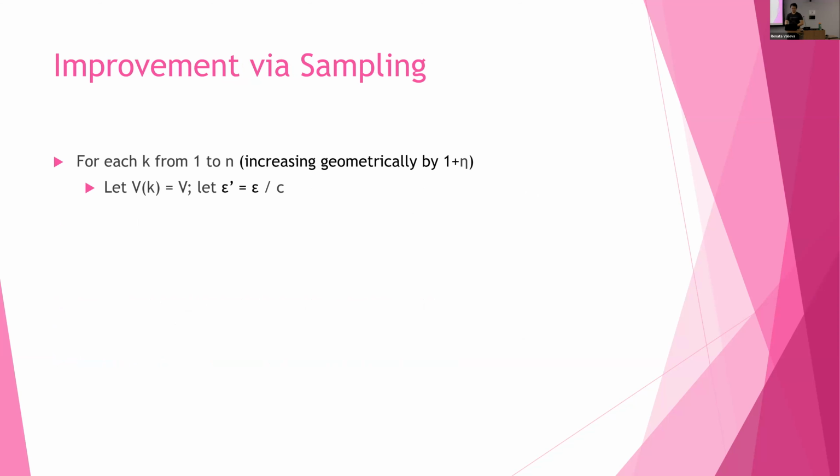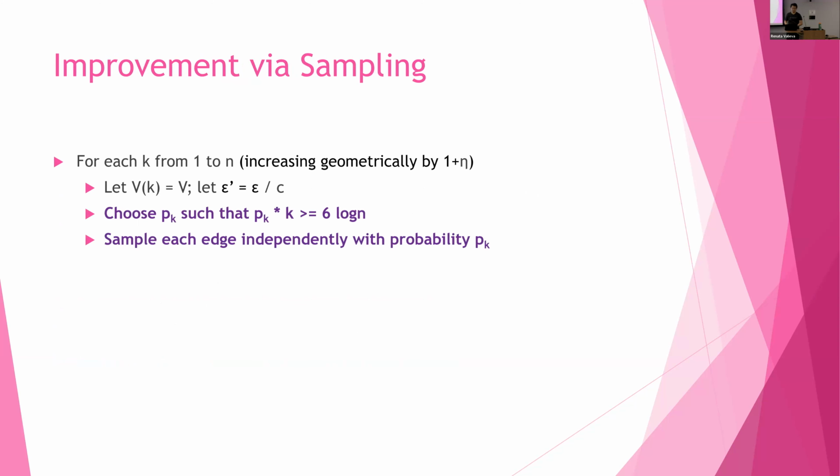So yeah, we still have this candidate set V_k. And now the key changes are we choose this p_k, the probability of sampling, so that p_k times the k-core value is greater than 6 log n. And this is just so that we can apply Chernoff bounds nicely. And the tail will be e to the negative 6 log n, which is a big enough inverse polynomial so that we can use union bound whenever we want to.